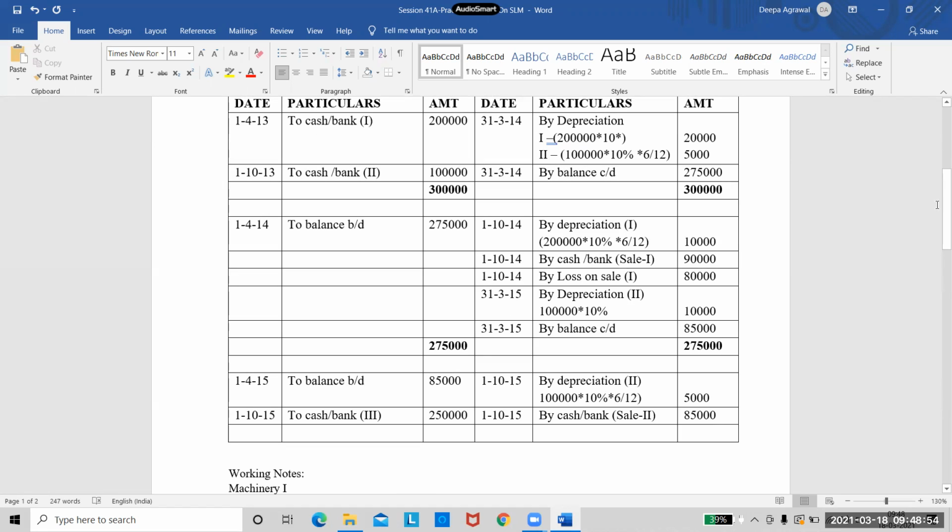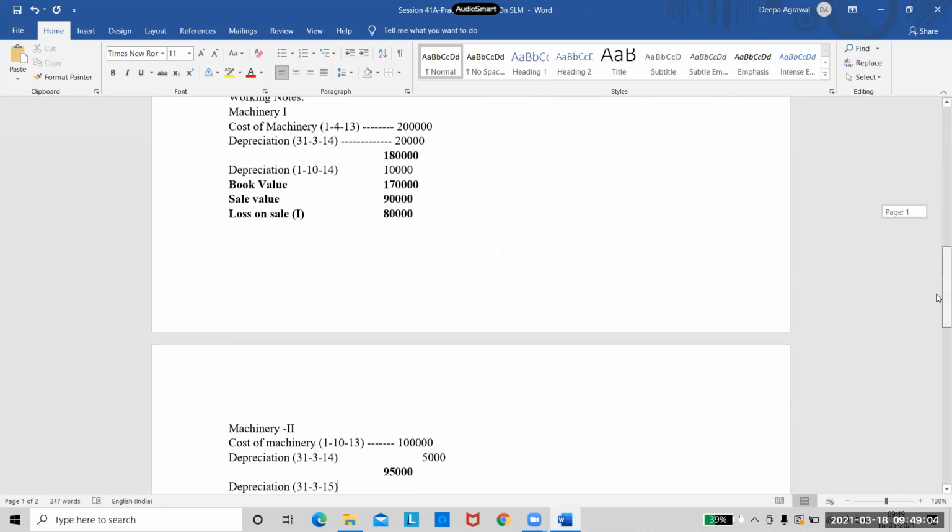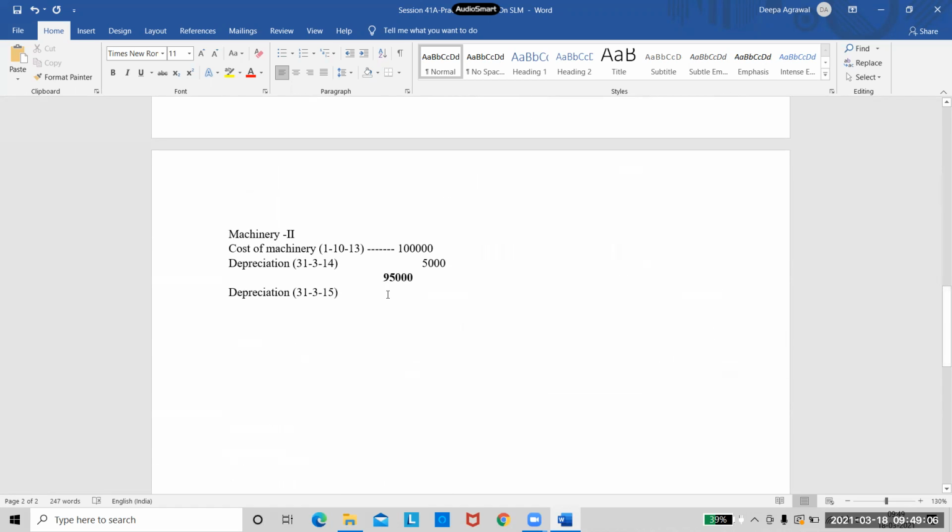Then what are we doing? One second, we are doing some mistake here. Yeah, we are doing it correctly only. So here we again provided depreciation of 10,000. So our balance left over is 85,000. Now after this, what are we doing?